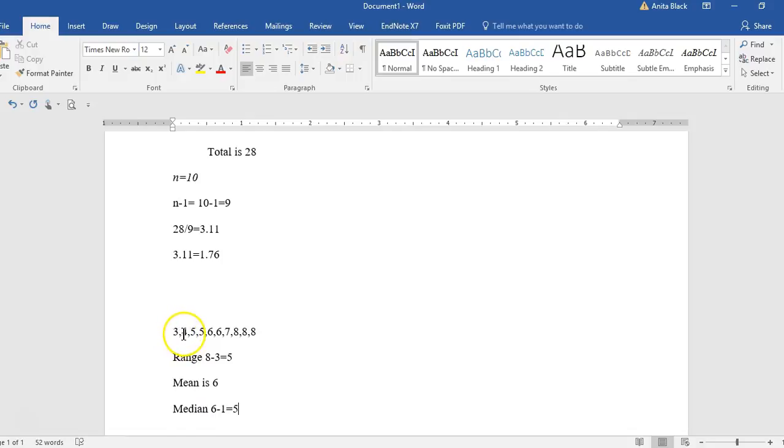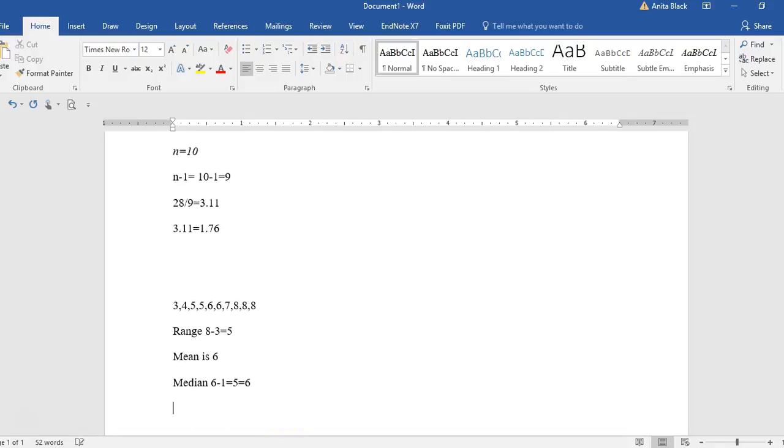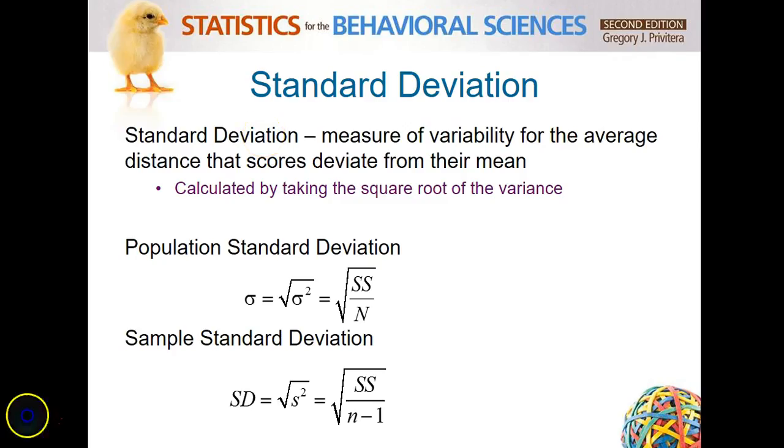So we're going to go 1, 2, 3, 4, 5. So 6 is our median, the number 6. 6 is the median number among all these scores. Now, the next thing you want to look at is the mode. What is the mode when you look at that? It's 8, right? It's the most frequent score you see in a set of scores.